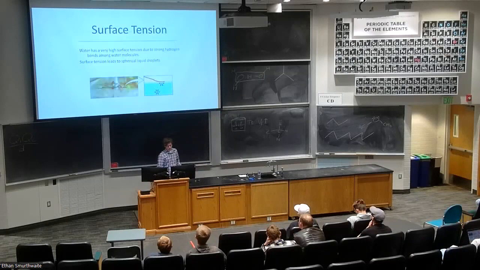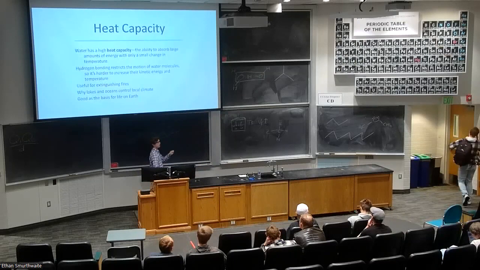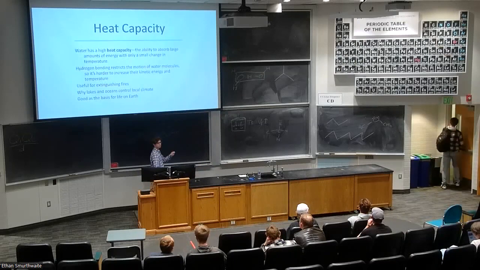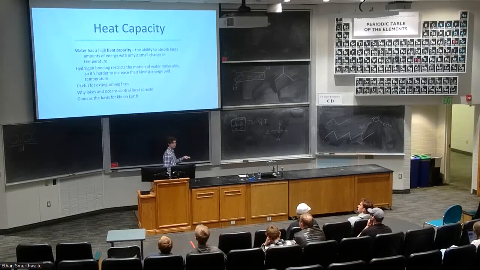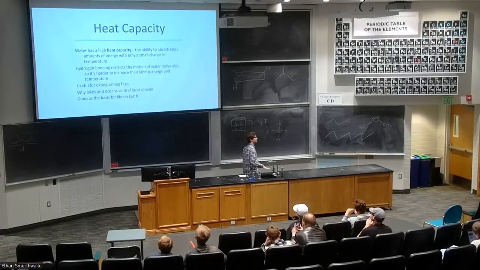Let's go on. Surface tension. We talked about surface tension. Water has a lot of surface tension because of the hydrogen bonds, super strong intermolecular forces. Okay. Heat capacity. You should know what heat capacity is. Water has a really high heat capacity, and we're going to talk a lot about this next semester.